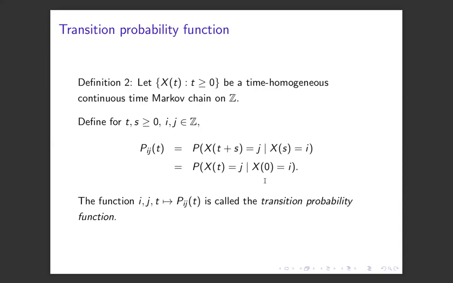You can easily see that for a fixed i and a fixed t, as a function of j, this has the properties of a probability measure on a discrete space.